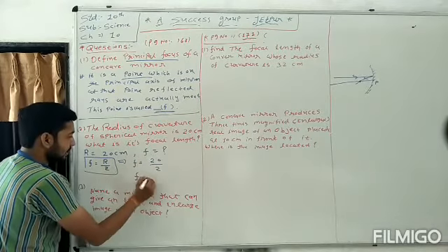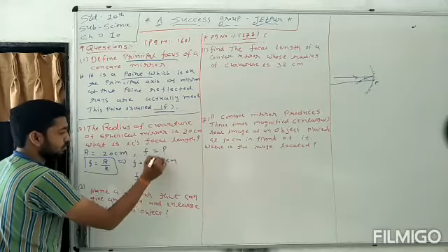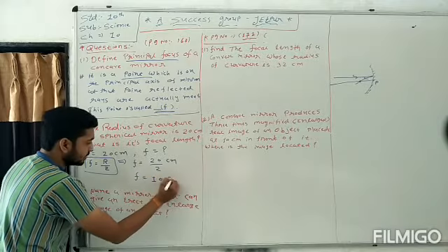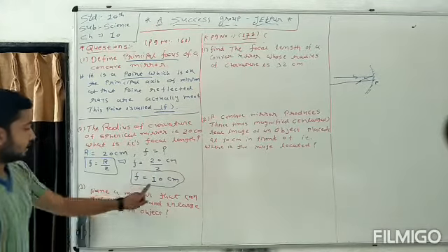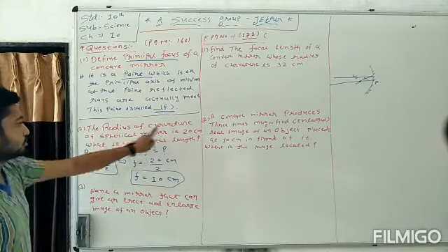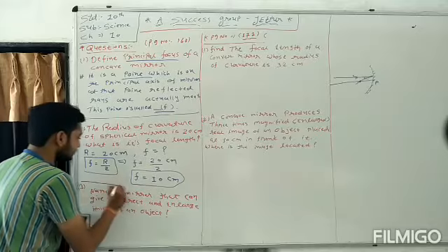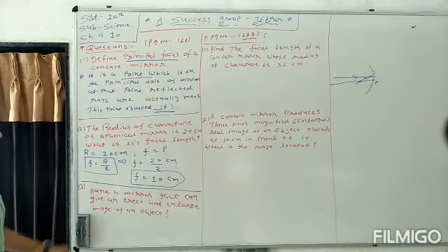So f is equal to 10 cm. So 10 cm is the focal length where radius of curvature is 20 cm. Done.